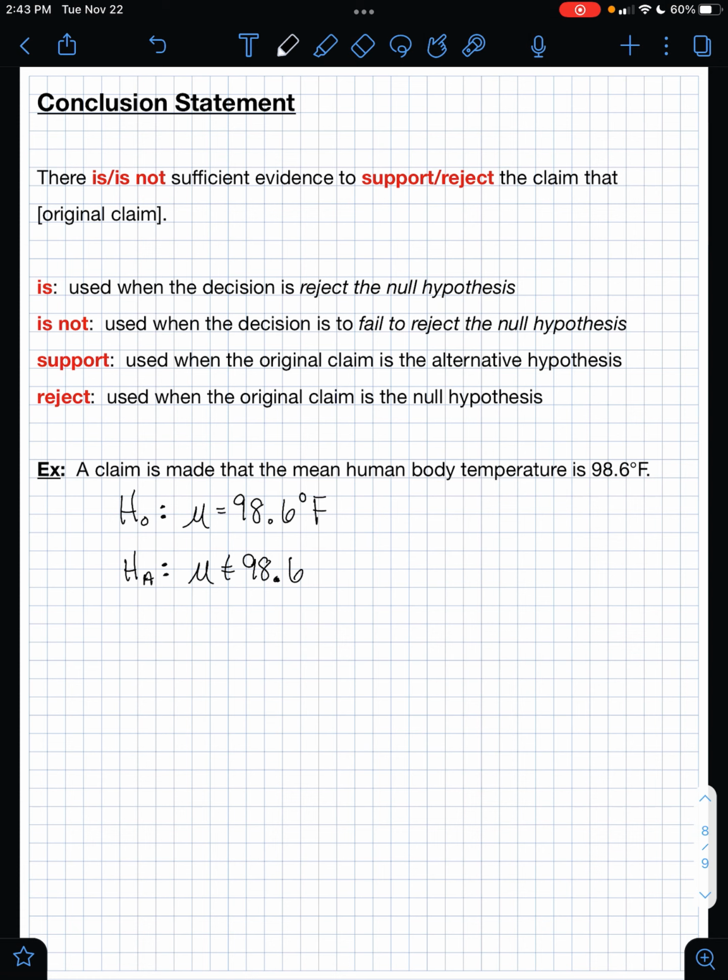This would then result in a two-tail test. And let's suppose our sample data shows a very low mean temperature.